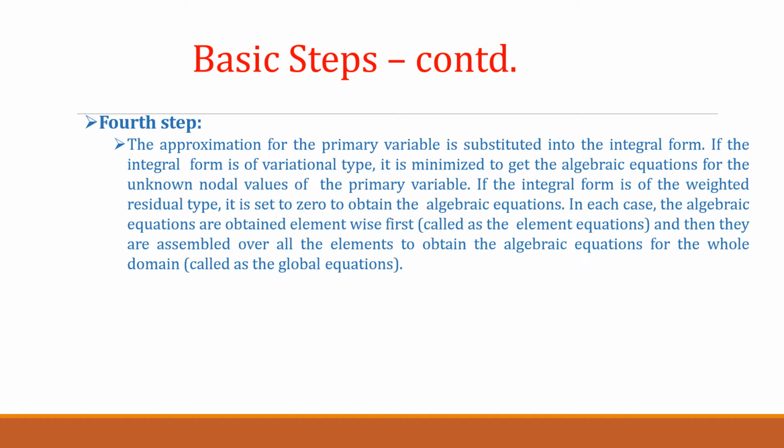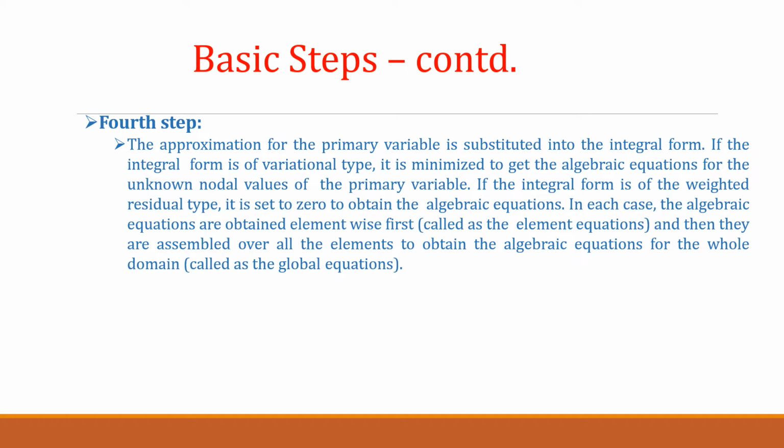Then the fourth step: the approximation of the primary variable is substituted in the integral form suggested in the first two steps. If the integral form is of variational type, it is minimized to get an algebraic equation for the different unknown nodal values of the primary variable.